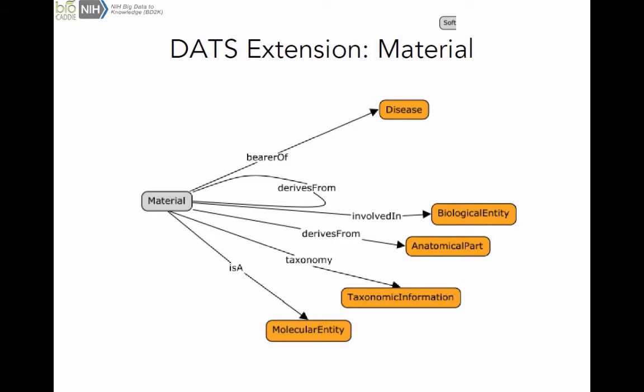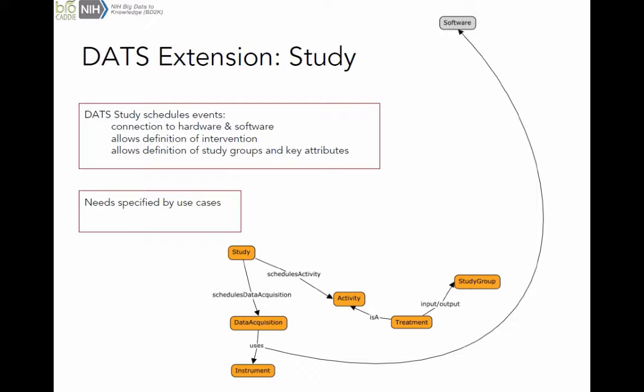Another aspect that is critical, and this is really part of the dataset extension, is that we need to be able to cover those datasets that result from a study. From a study here, we need to have the ability to describe basically anything that schedules an activity that is related to defining a study group, which is a collection of patients or subjects of the study.